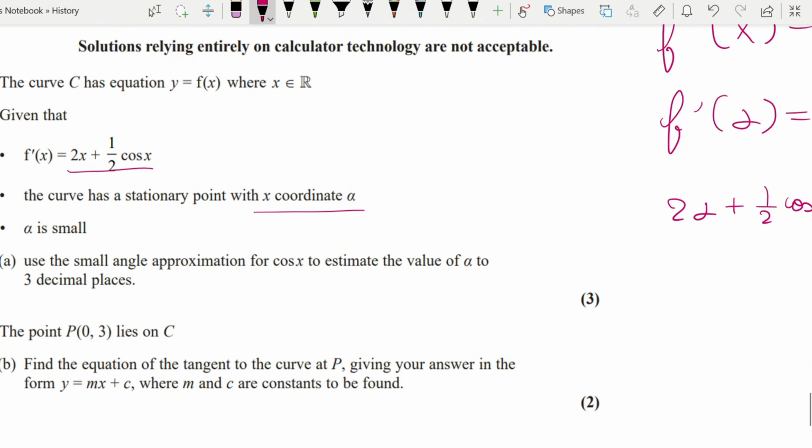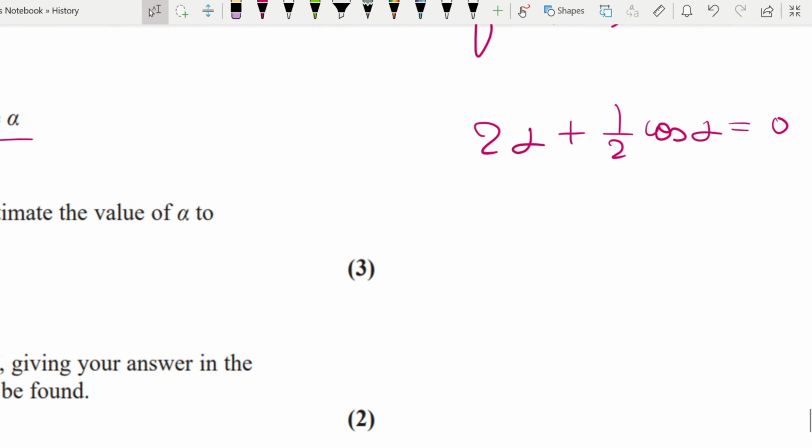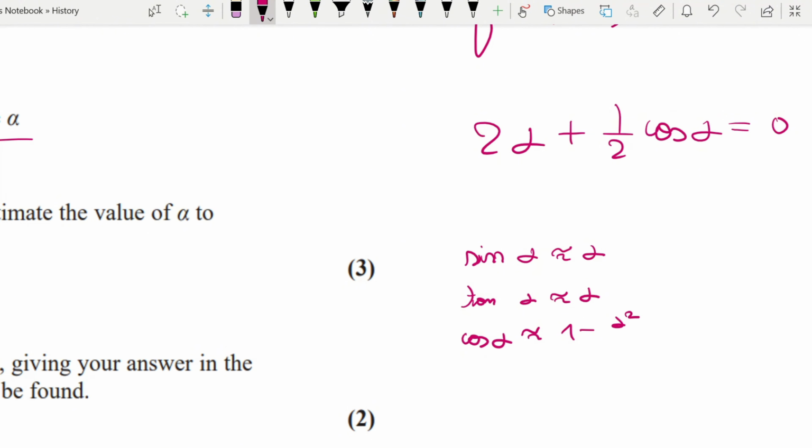Now, it told us to do small angle approximation to 3 decimal places. In small angle approximation, if we have a sine, so we can call this alpha or theta, it's up to you, I'm going to call it alpha, it's going to equal alpha. For tangent, it's also the same, but for cosine, it's going to be 1 minus alpha squared by 2.